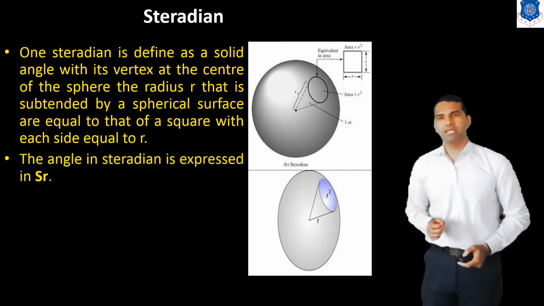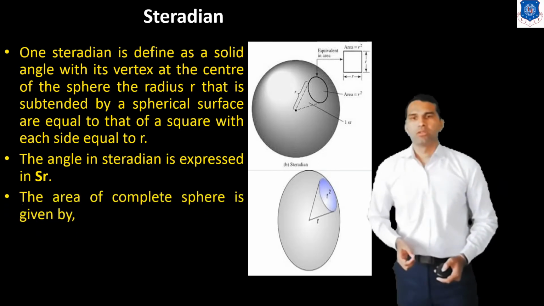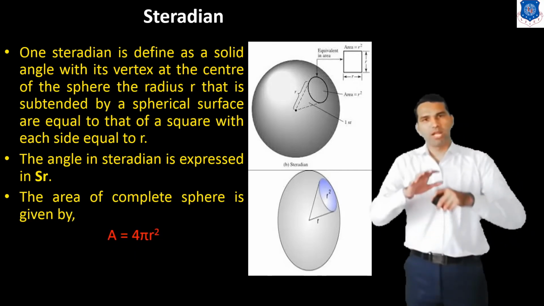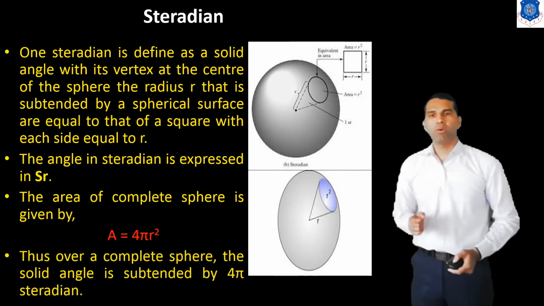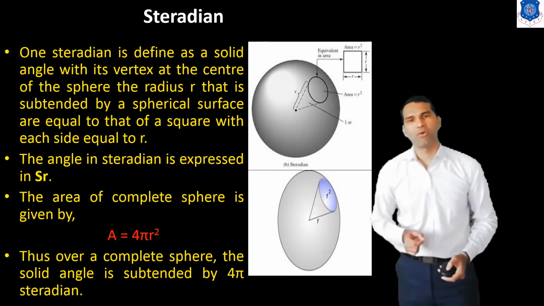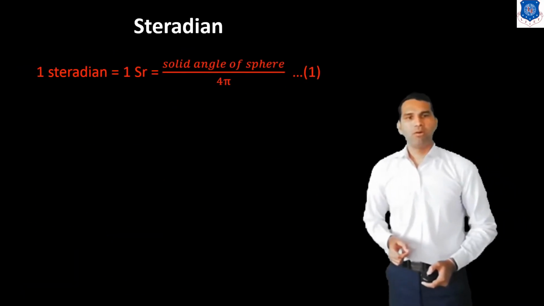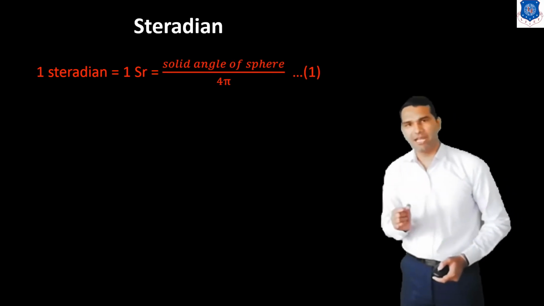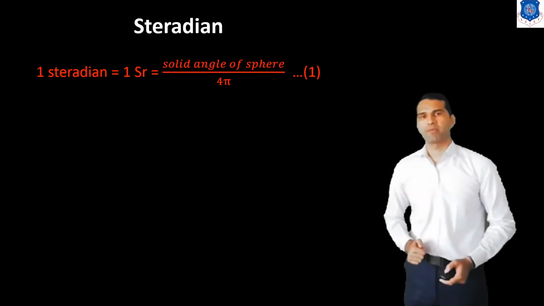The solid angle in steradian is expressed as sr. The area of a complete sphere is 4 pi r square. Thus, over a complete sphere, the solid angle subtended is 4 pi steradian. Now we can write 1 steradian equals the solid angle of the sphere upon 4 pi.